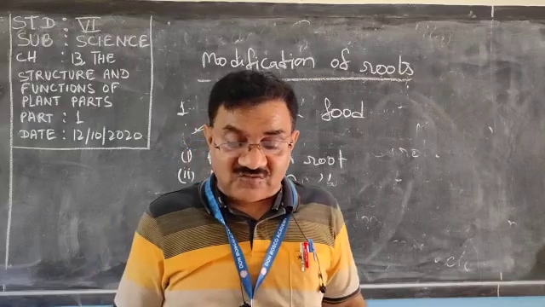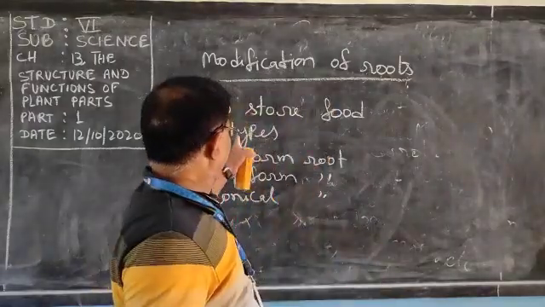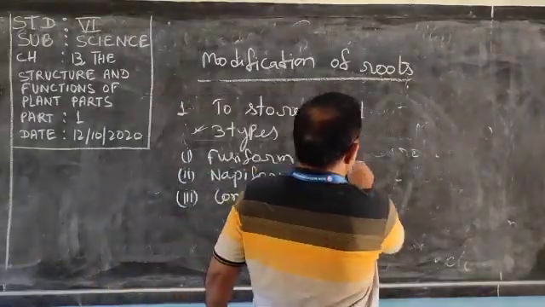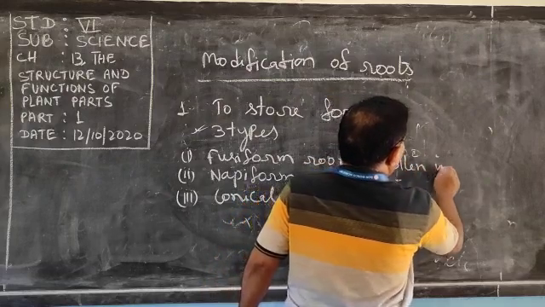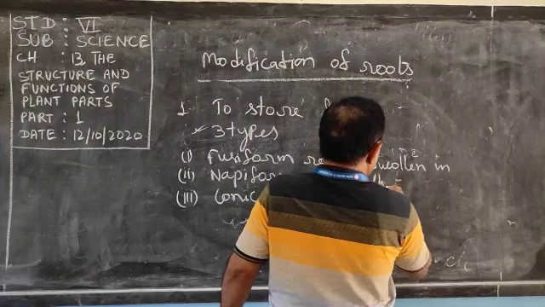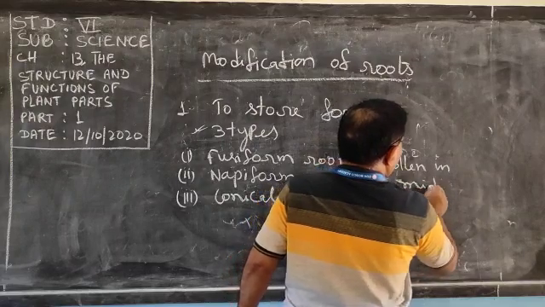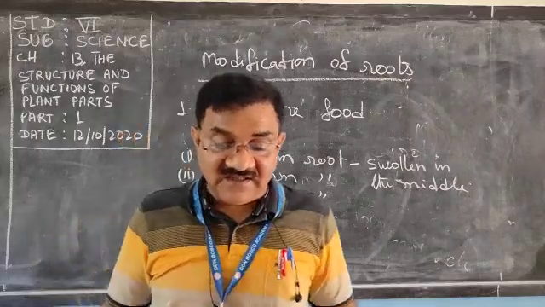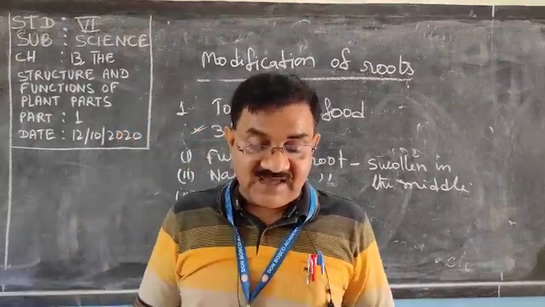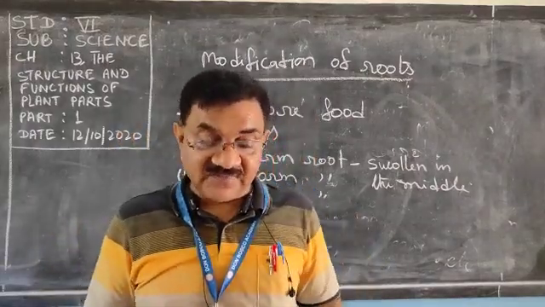In fusiform, the primary root is swollen in the middle. In which root will you see that the primary root is swollen in the middle? Yes, radish.